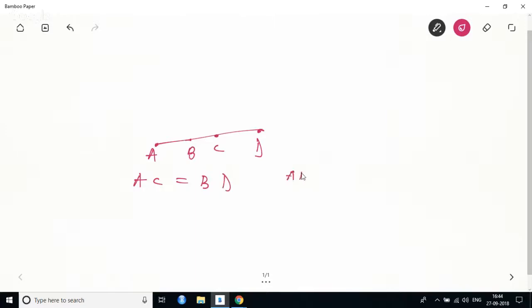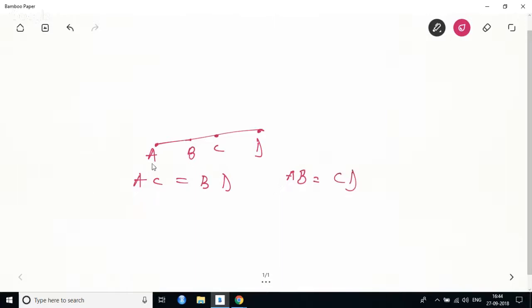In between, there was somebody who asked me this question of Euclid geometry. So there was a line given like this. This was point A, this was point B, this was point C, and this was point D. So it was given that AC is equal to BD. You have to prove that AB is equal to CD.